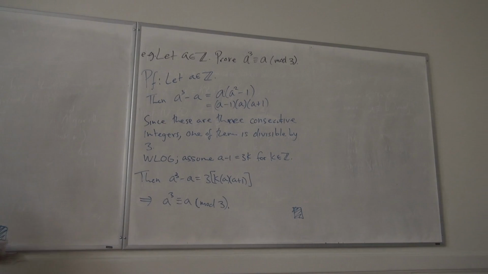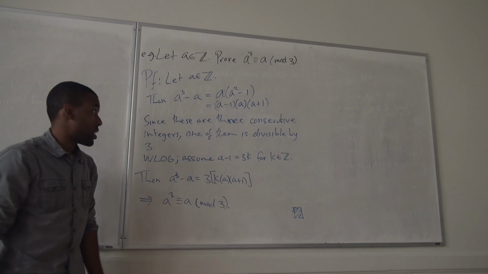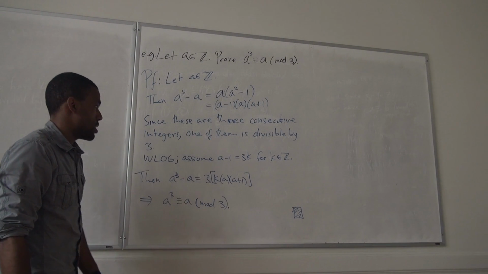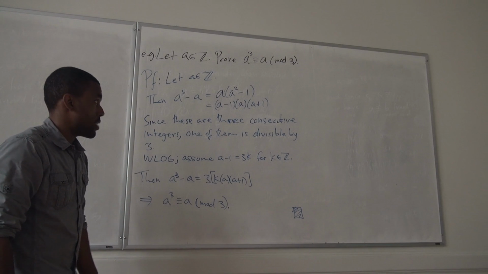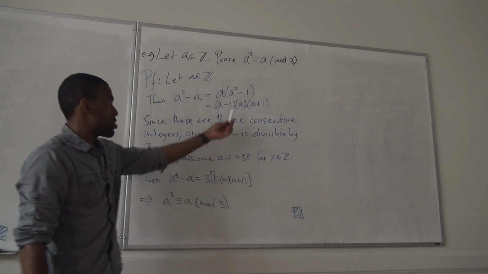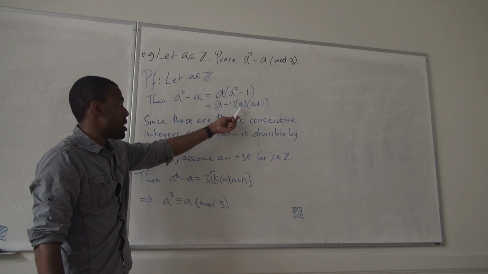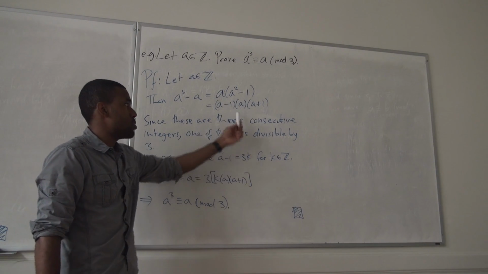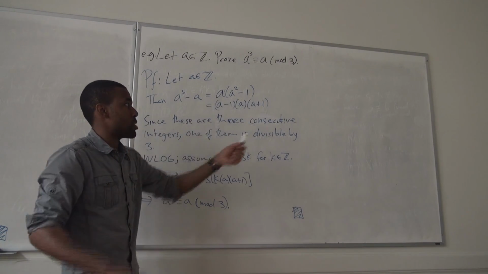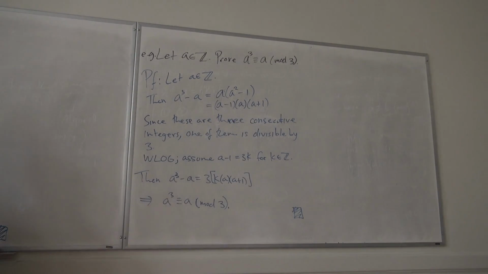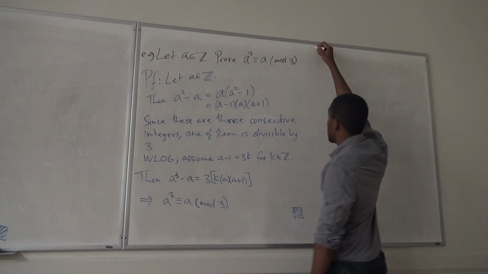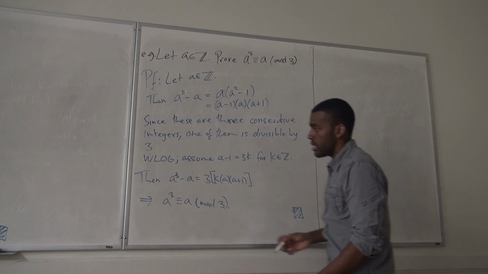You have 3 consecutive integers, one has to be divisible by 3, and we know that by the division algorithm. You can prove that by cases if you'd like, but it should be a somewhat obvious fact at this point. If you assume a is 3k, you're done. If you assume it's 3k plus 1, then a minus 1 would be 3k. If you assume it's 3k plus 2, then a plus 1 would be 3 times (k plus 1). So by doing the cases, you find that one will have to be divisible by 3, by going through all the possible cases of what a can be.